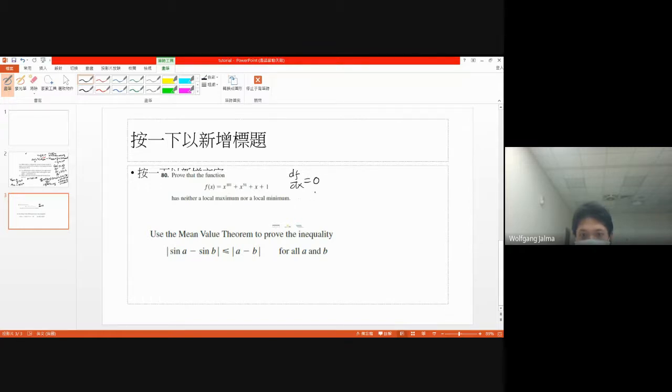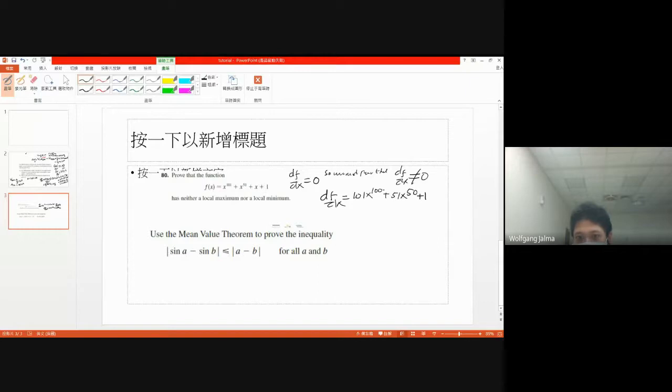So we must prove that df/dx cannot be 0, it can only be bigger or smaller. So what is df/dx? df/dx is equal to 101x^100 plus 51x^50 plus 1, right?